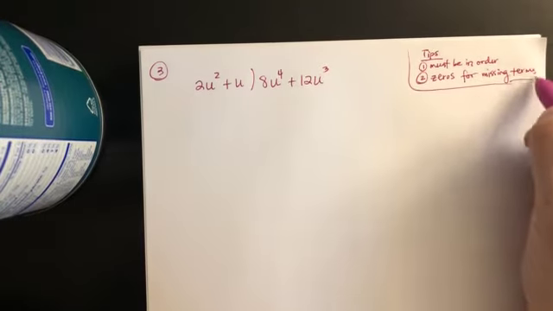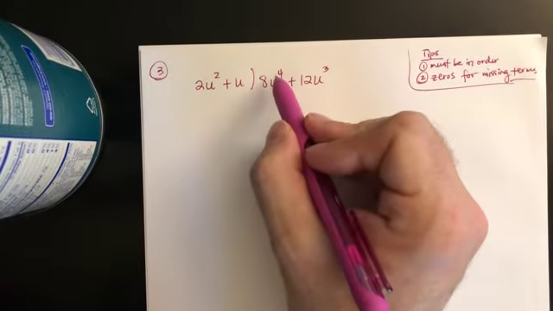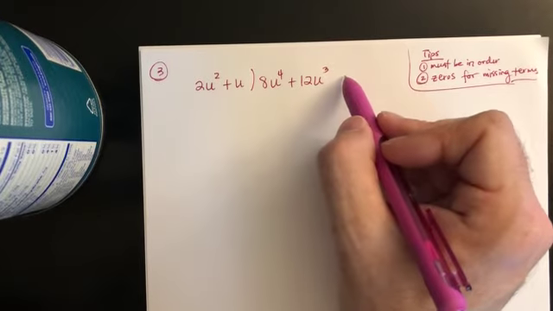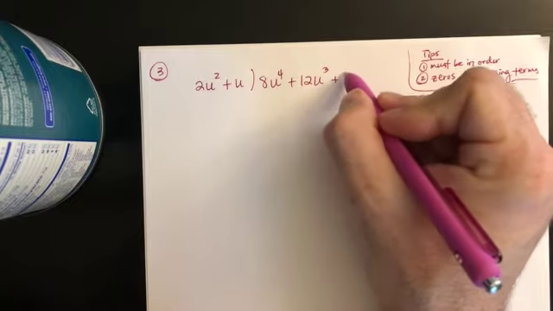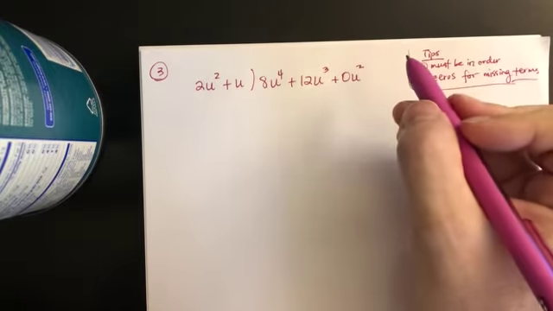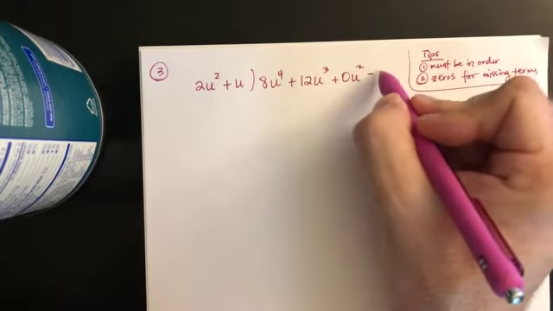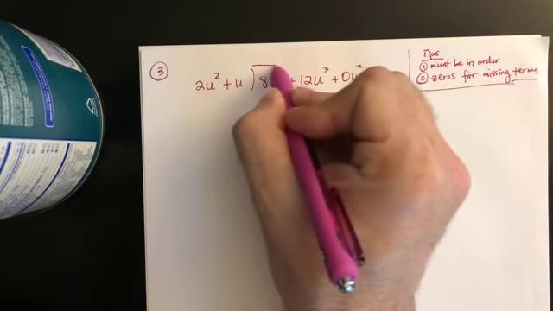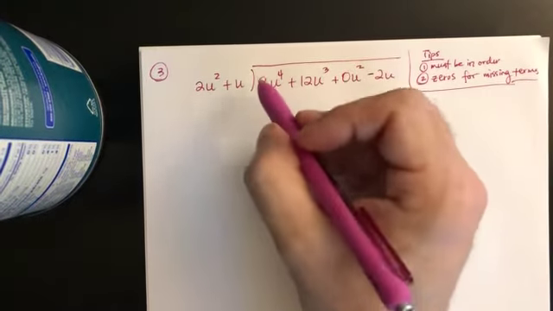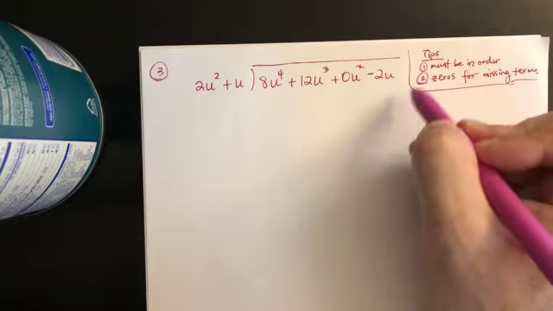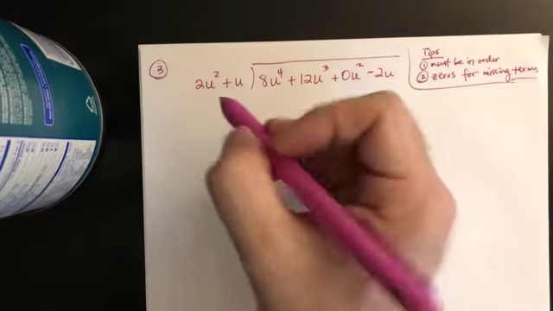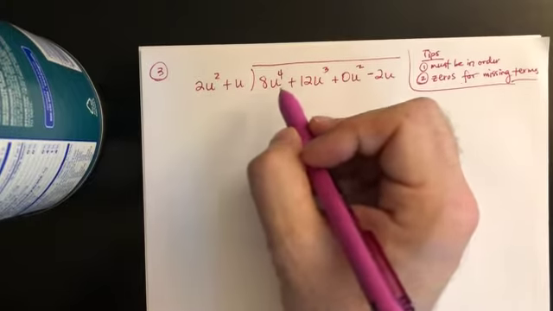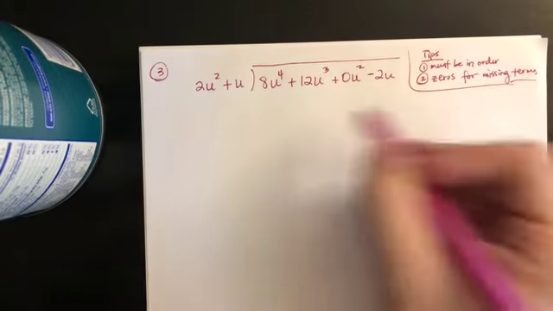So with those 2 tips in mind, if I have a missing term going down, so u to the 4th, u to the 3rd, u squared should be next, but I don't have a u squared. So I'm going to put a 0 for it, like that. And I do have 2u, so that's where I'll stop. And yes, you can put plus 0 and plus 0 on the end, but you don't have to, okay? Just the middle ones, missing terms in the middle.